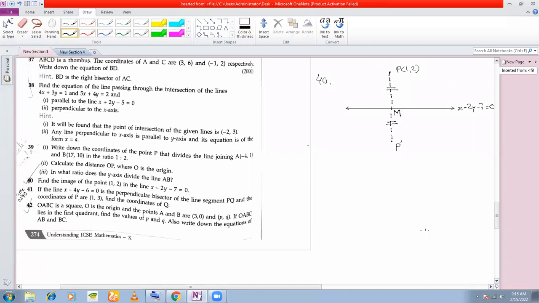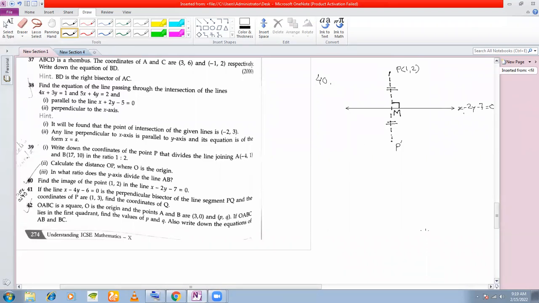That means M must be the midpoint of PP dashed, right? Also, PM must be perpendicular to x minus 2y minus 7. You can say this. So therefore, now using these two pieces of information, we can find out the image of P under reflection in the line x minus 2y minus 7.